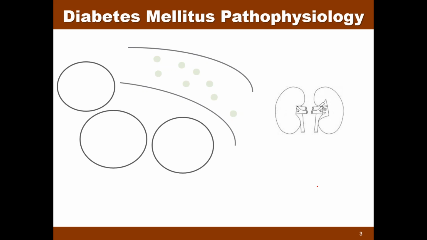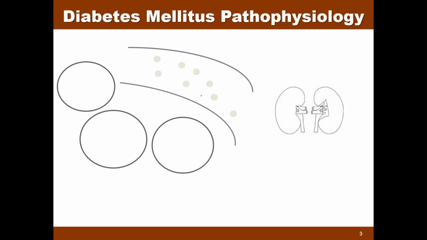So this is an illustration of the cells of the body, the bloodstream, and the kidney. And these are important illustrations for me to explain to you the pathophysiology of diabetes mellitus. The green circles that you can see here, the small ones, let's pretend that they are your glucose.